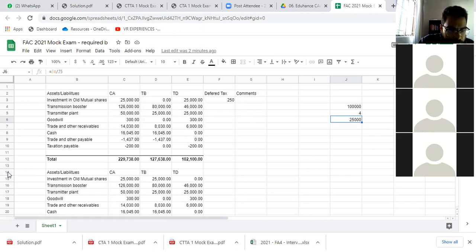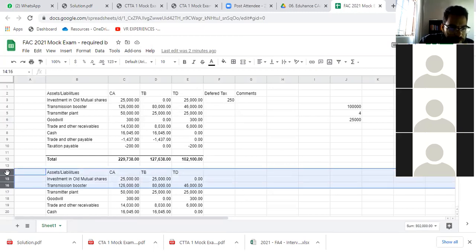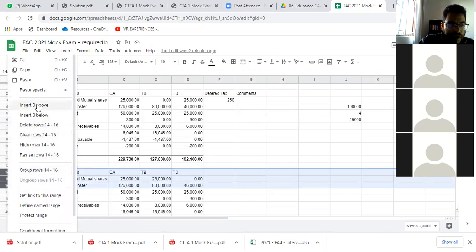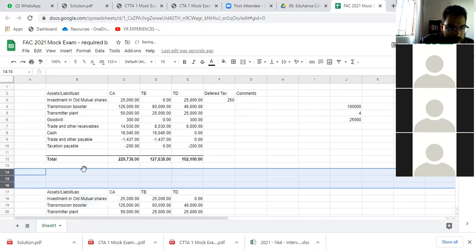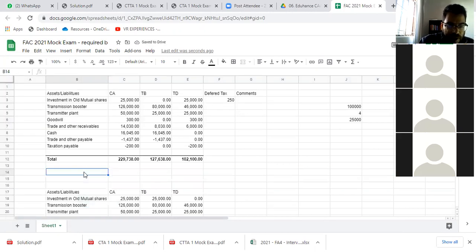So we will split the transmitter between the land and the transmission booster.